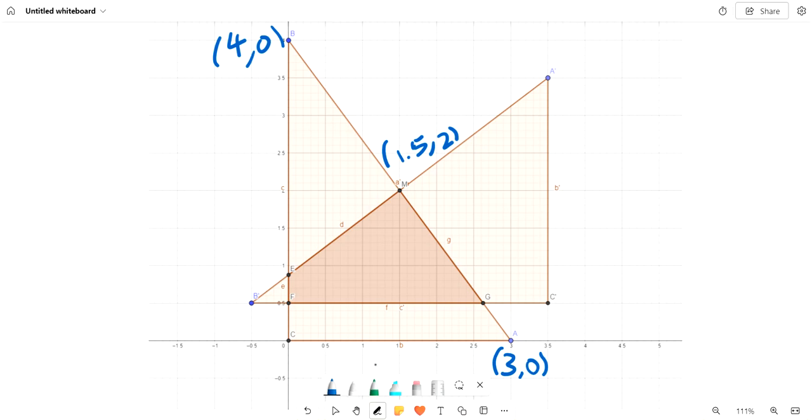That's M. And so let's create a triangle here, from M to AC.